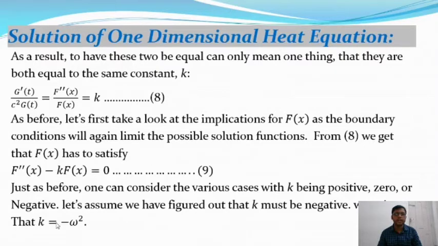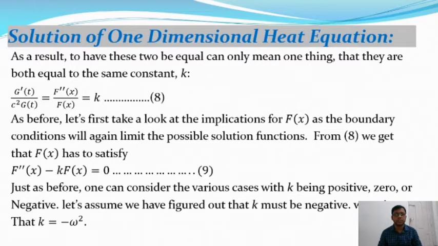When k is a negative value, then the solution is more stable than the other two. When k is equal to 0, there is a solution also, and when k is positive, then there is also another solution.